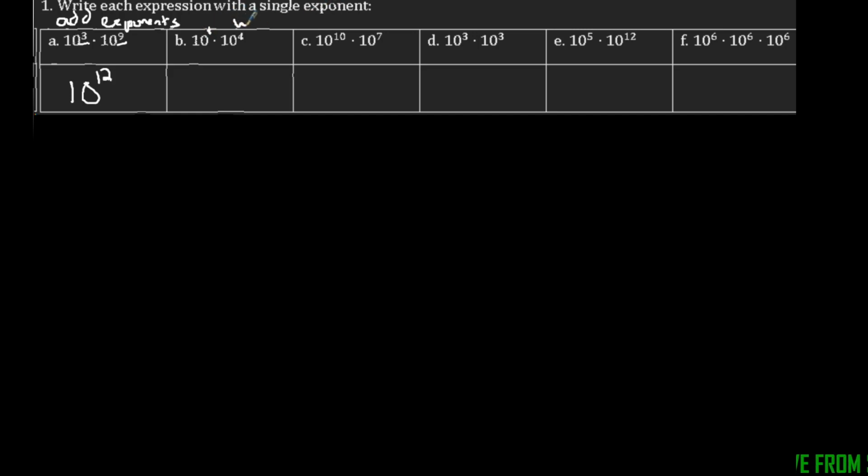So when you do not see an exponent, know it is 1. It can't be 0, because if it was 0, we would just write this whole term as 1.